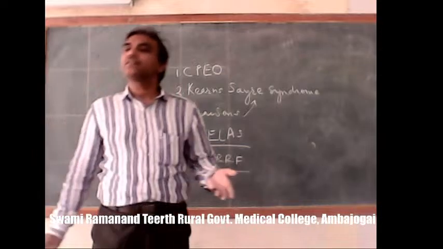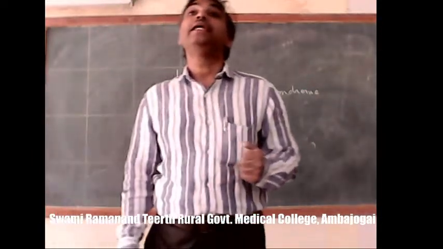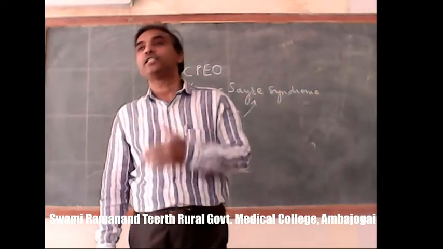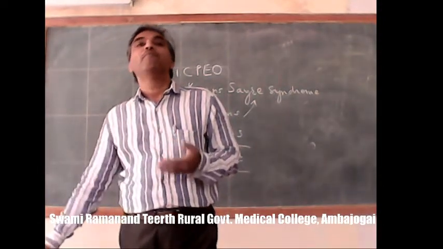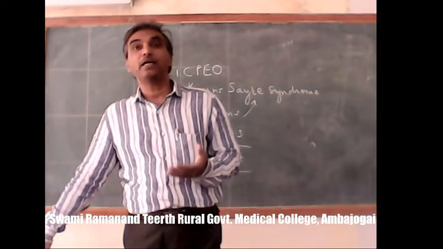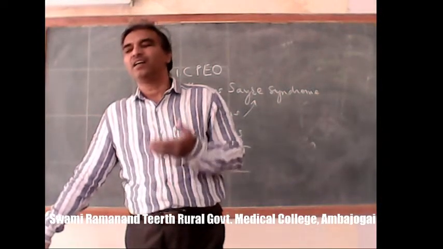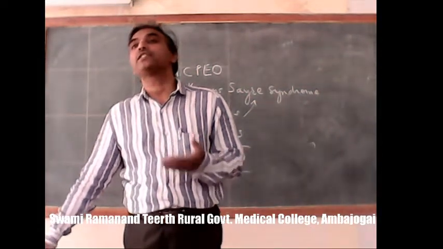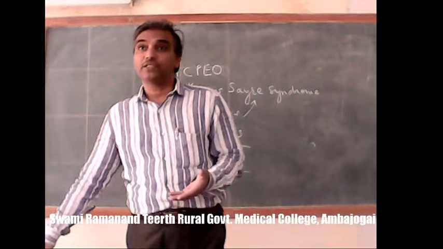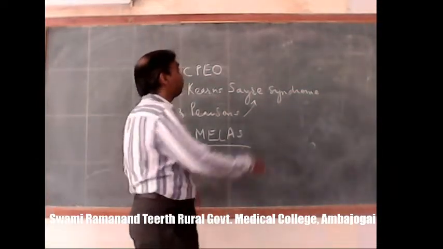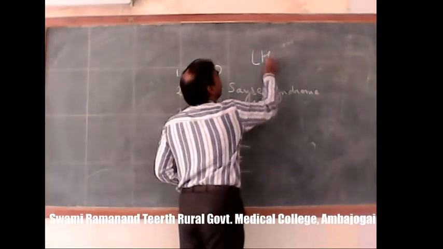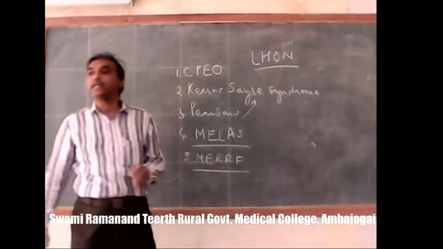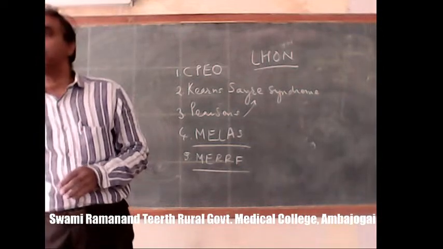Then there is Leigh syndrome, or maternally inherited Leigh syndrome, where milestones are delayed, and there is conductive deafness. Some individuals suffer from deafness. And then there is the popularly known disorder called Leber's hereditary optic neuropathy.